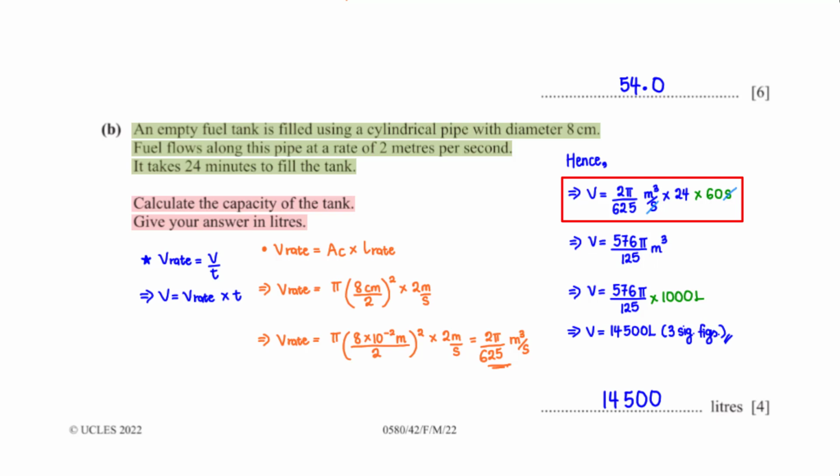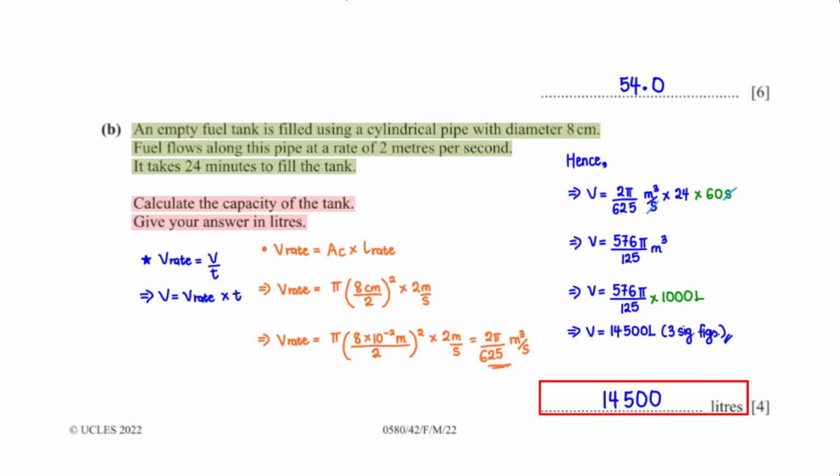When we type this into the calculator, we get 576 pi over 125 meters cubed. 1 meter cubed is 1000 liters. So to convert this value to liters, we multiply by 1000. This gives us 14,500 liters rounded to 3 significant figures.